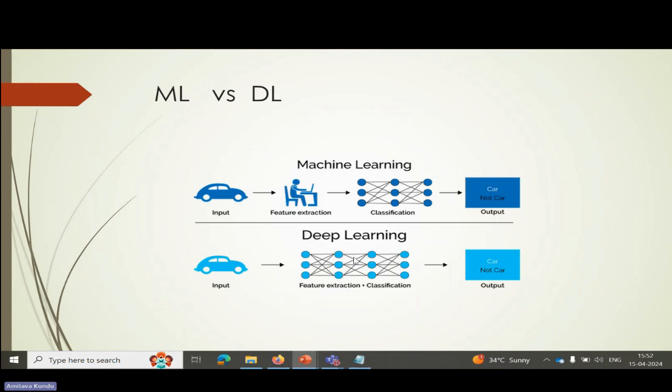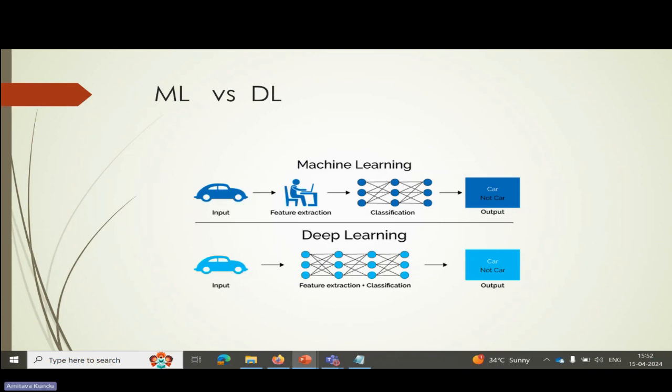In deep learning, the machine uses different layers, which is called a neural network. It uses different neural network layers to learn from the data, right?